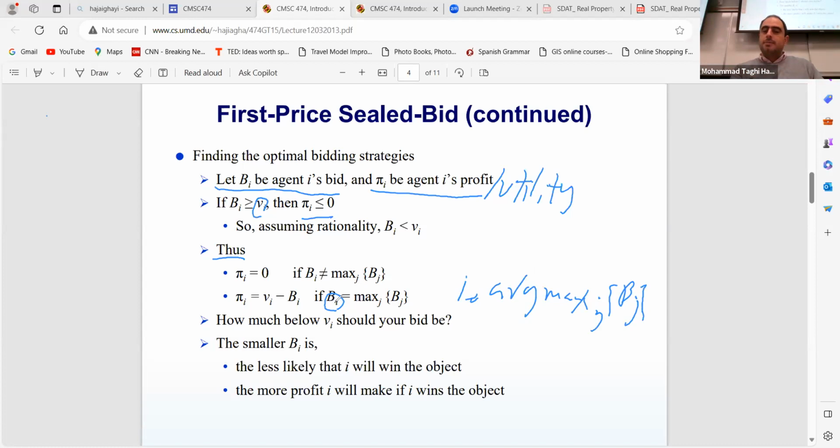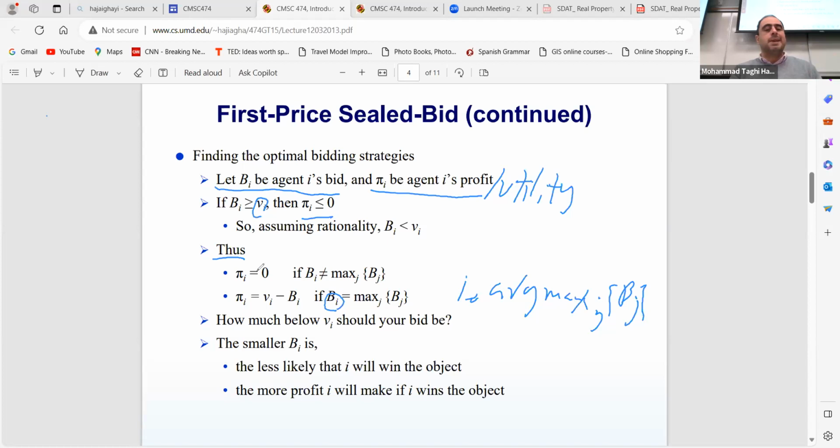In that case B_i is the maximum, and the profit π_i would be V_i minus B_i, which is greater than or equal to 0. For anyone else, it would be 0 because you don't pay anything and you don't get anything.